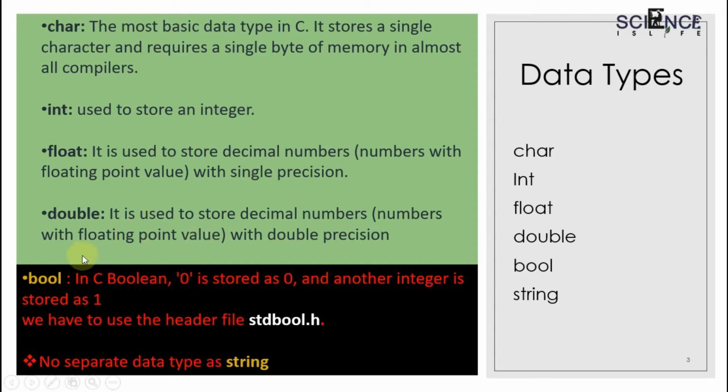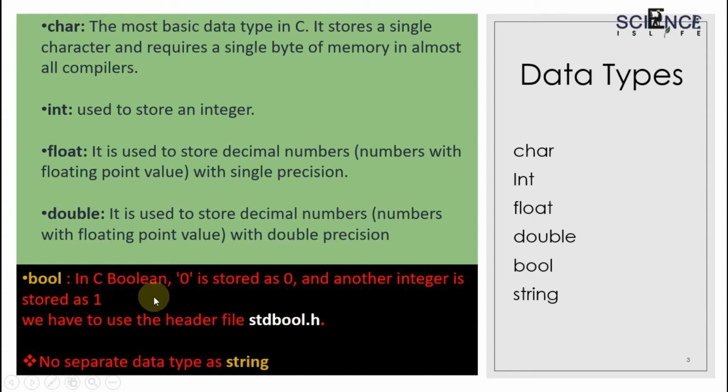We can have a variable with bool, but we need to include the header file stdbool.h, right? To have boolean variables, you need to include the stdbool.h header file into your source file. I have mentioned how to include header files in a previous video.